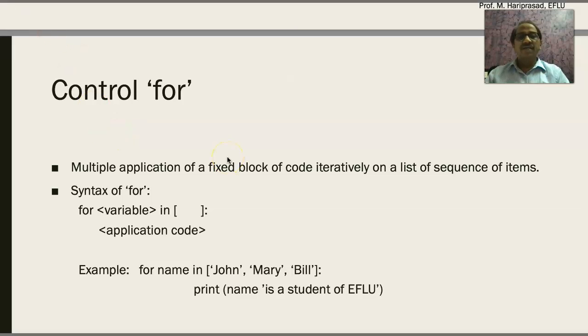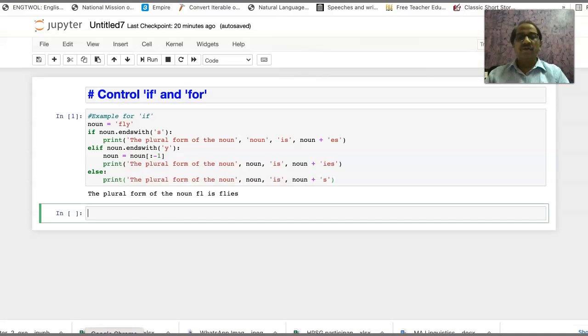Now let's look at how to write programs using for in the Jupyter Notebook. I have already kept the Jupyter Notebook open, and the program which we wrote using if is given here, where we used the variable noun and we have assigned the word fly, and we have used if control.